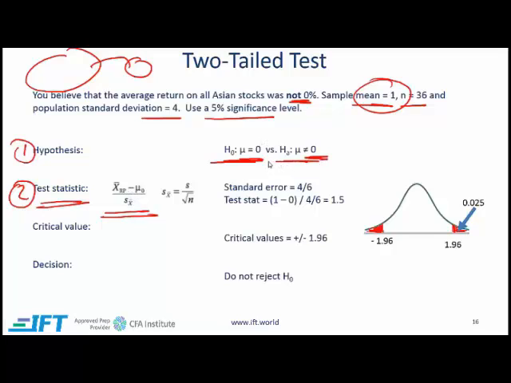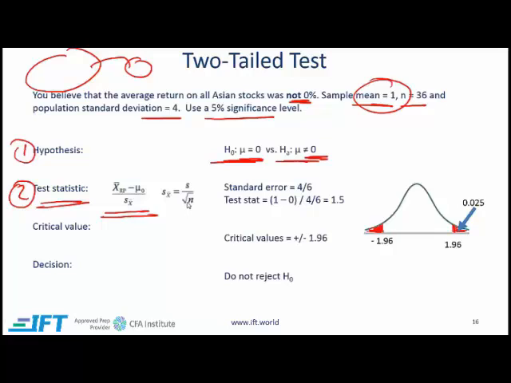In our example, it could be something else in another example, but here your belief is the return is not 0. So mu naught is the hypothesized value. Divided by the standard error, which you studied before. What's the standard error? It's S over root n or sigma over root n, depending on what you have.